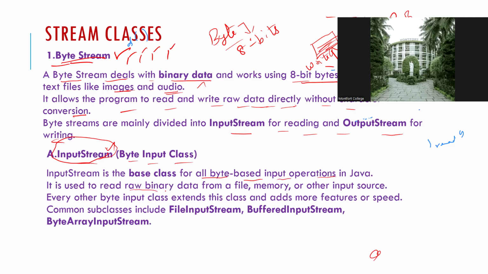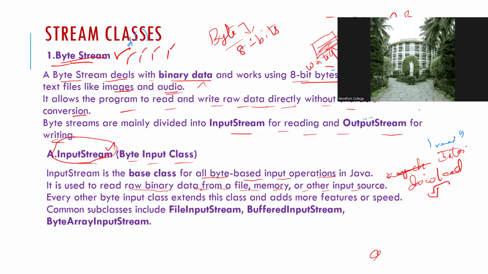It is used to read raw binary data from a file, memory, or other input sources. Keyboard we can give only characters, so keyboard will not come here. We can download an image from the internet, store it into the system, and give it to some other file.